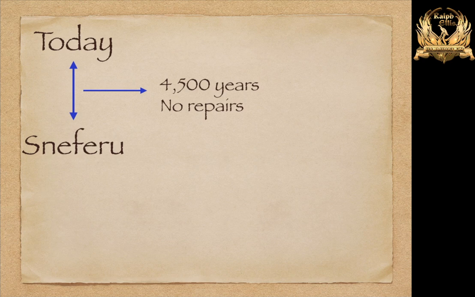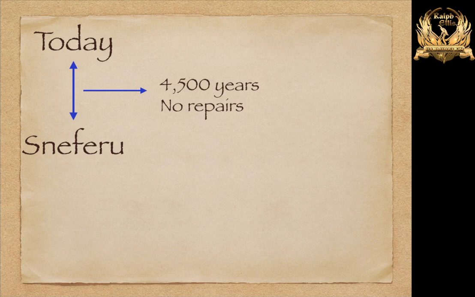And he lived 4,500 years ago, and we have no record of any repairs being done to these pyramids since the time of Snefru. But of course there is no evidence that Snefru built this pyramid. There are no inscriptions inside the pyramid, in the burial chambers. There's nothing to connect this pyramid with Snefru inside this pyramid.